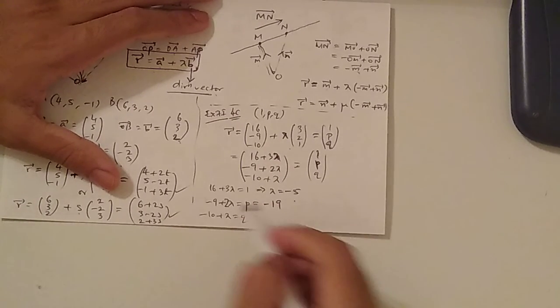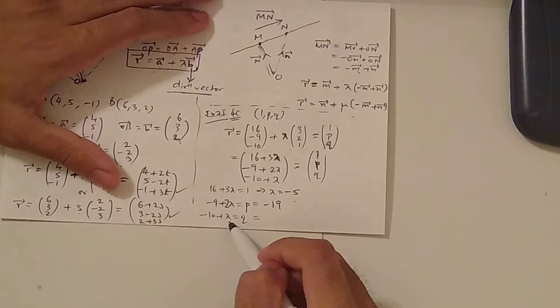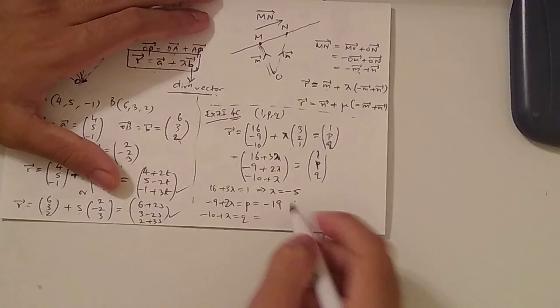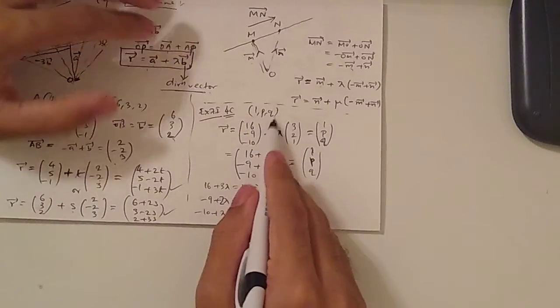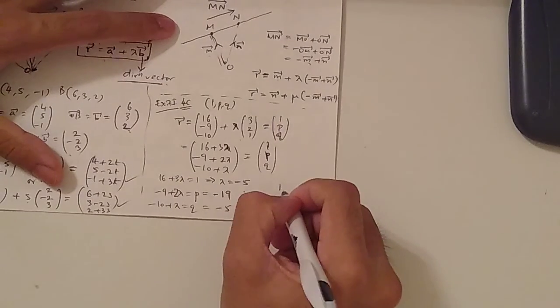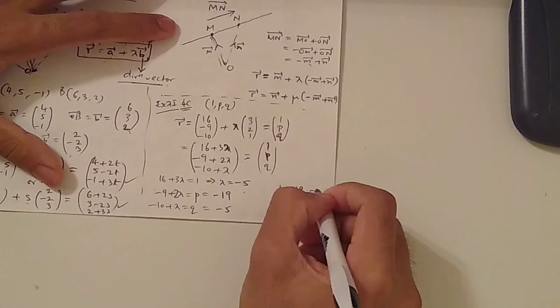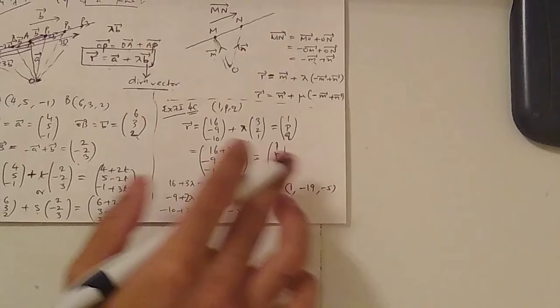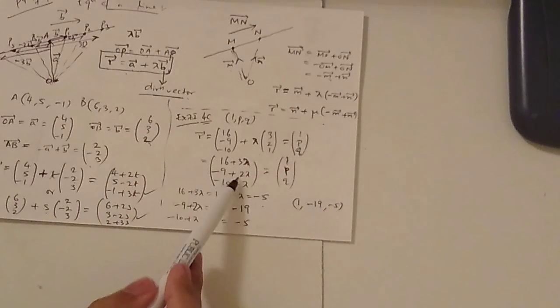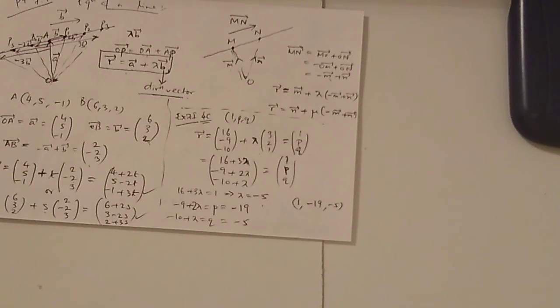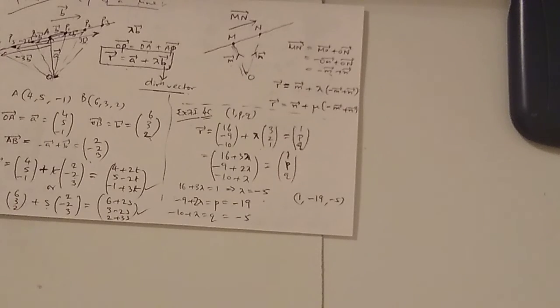Substitute lambda equals minus 5, and you get q is equal to minus 15, and therefore the overall coordinates are going to be (1, minus 19, minus 15). Again, you have three equations, so solve all three. The first equation gives you the value of lambda, the remaining two equations are going to give the values for the remaining two coordinates.